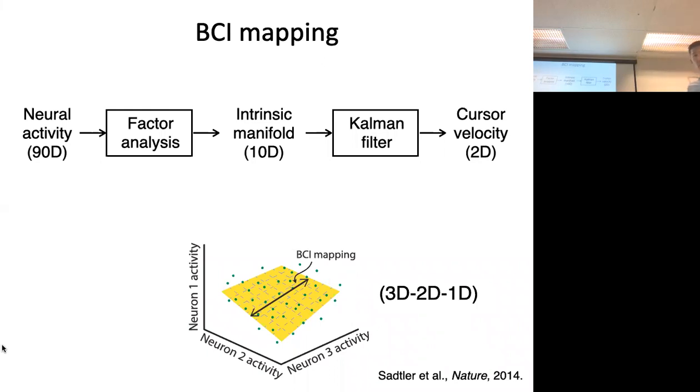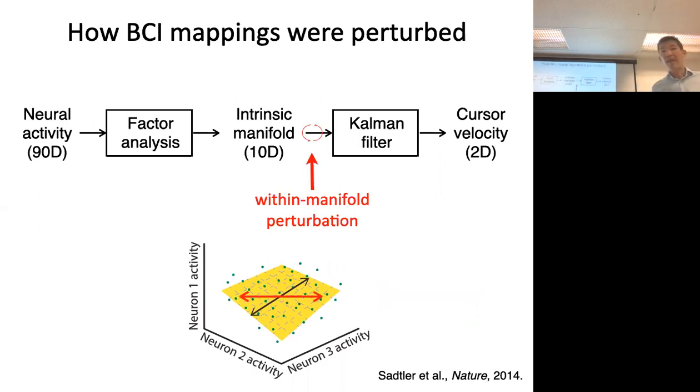Now, to define a within manifold perturbation, what we did was we took these 10 factors and permuted them before we input them into the Kalman filter. What this served to do was to keep the relationship between the neurons and the factors the same, but what this changed was the relationship between each of the factors and cursor movement.